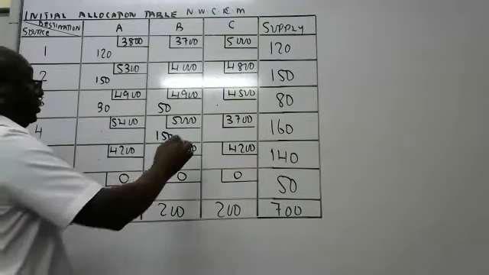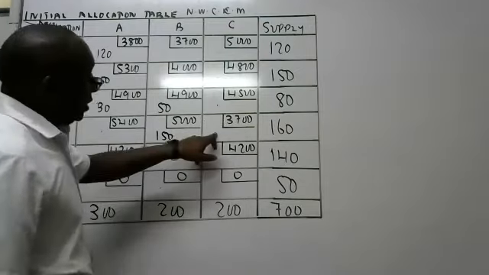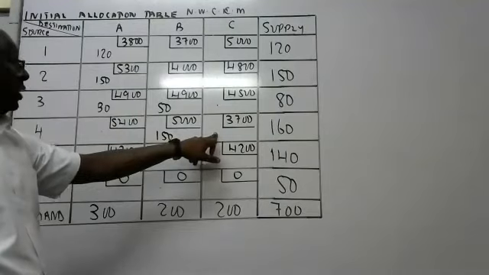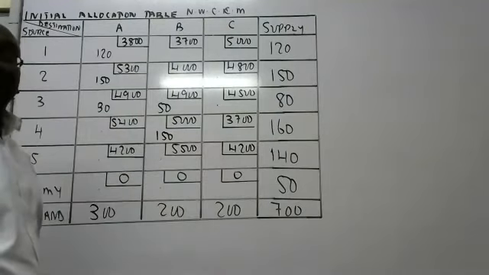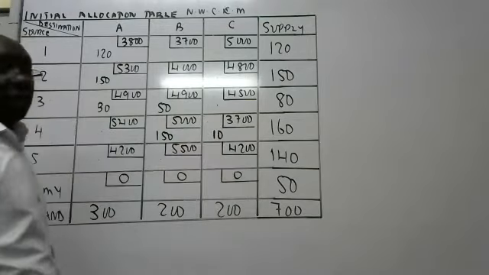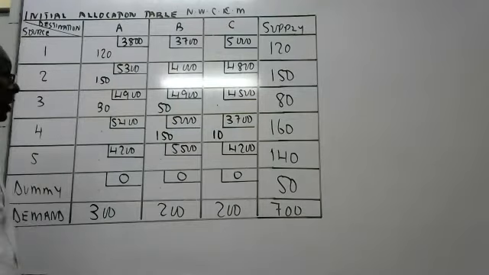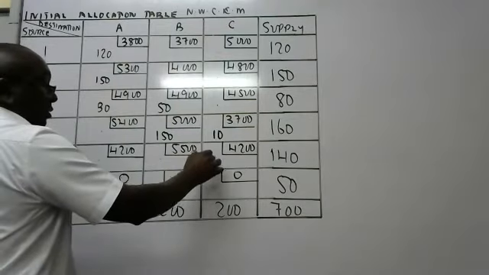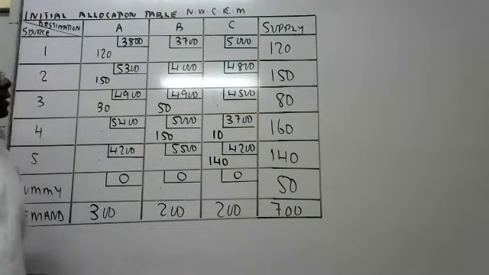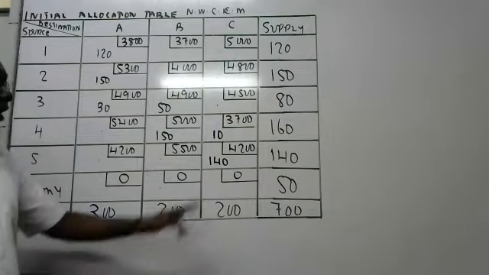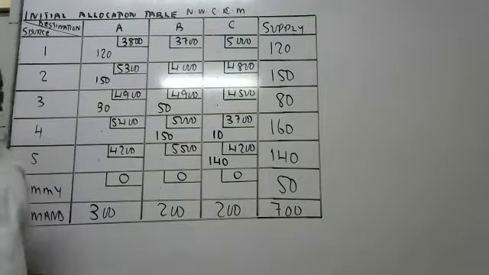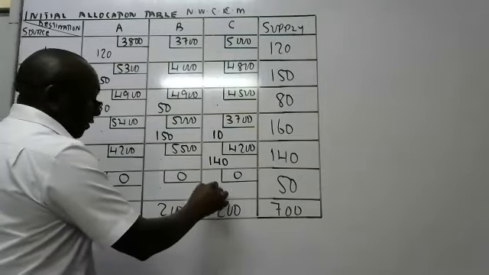The next one is this one. When you get here, the available is 10, so the maximum we can put there is 10. And then at that point, it becomes obvious that this one must receive 140, because the available is 140 and the required is 190. So we give 140, and then this one must get 50.